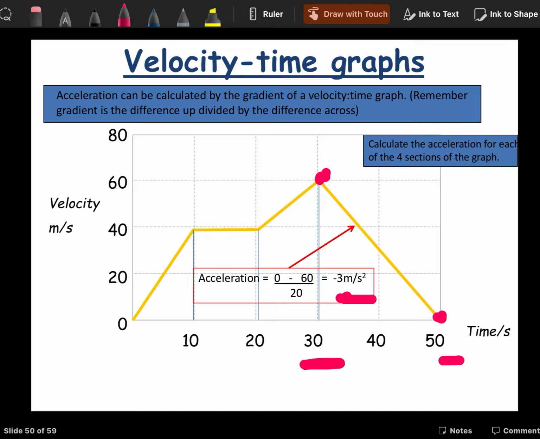What is its starting speed? 60. What is the final speed? 0. In front of 50, look, what is written? 0. Now the time interval: where does the time start, when does the deceleration start? 30 to 50. This is the time interval, 30 to 50, 20 seconds.